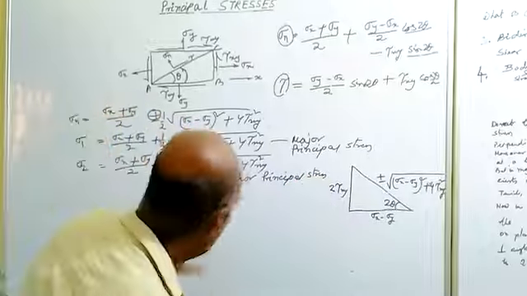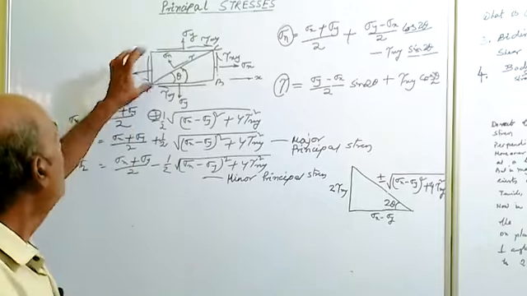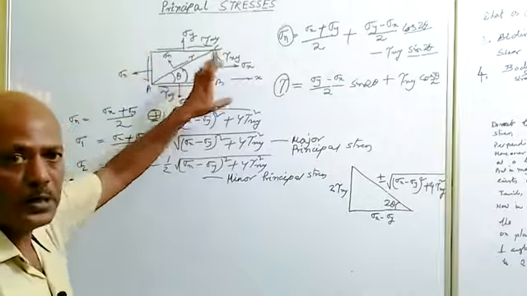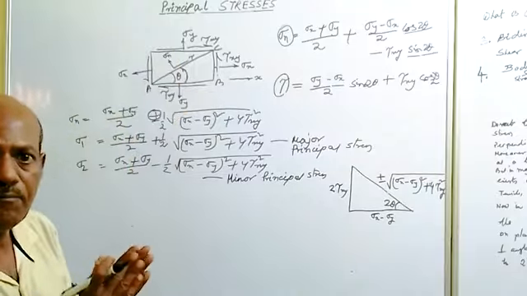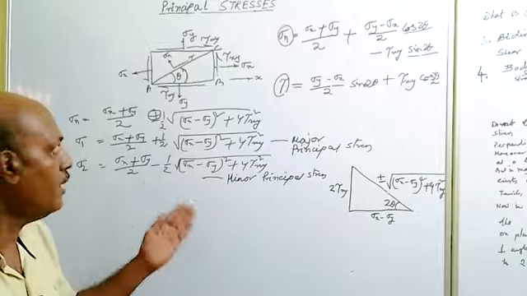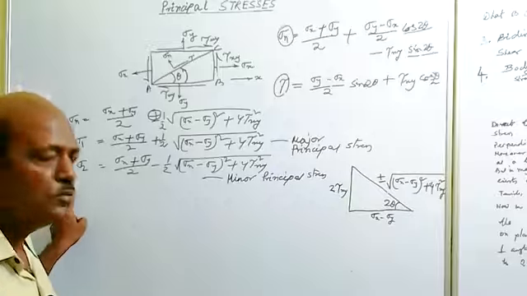So from this, what we have got, in a stressed body, there are some planes where only normal stress exists, and that normal stress is given by sigma 1 and sigma 2.